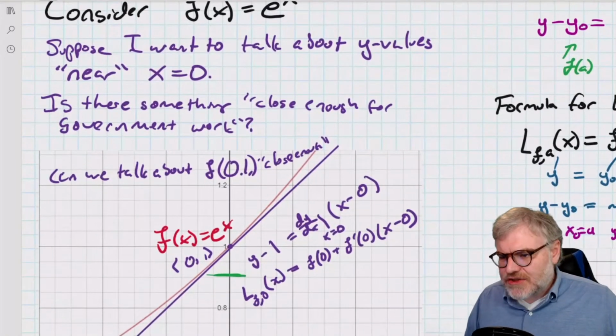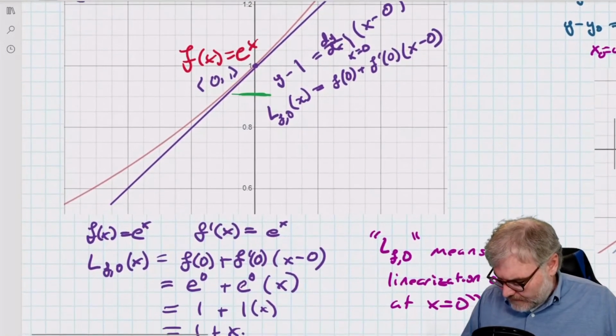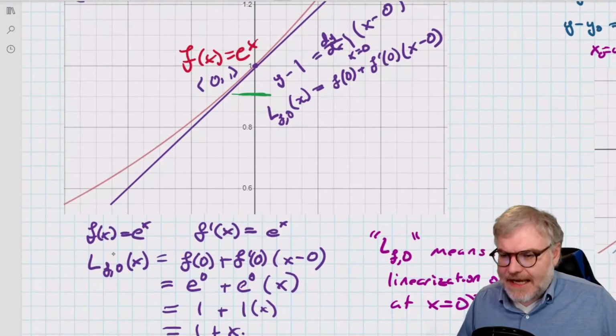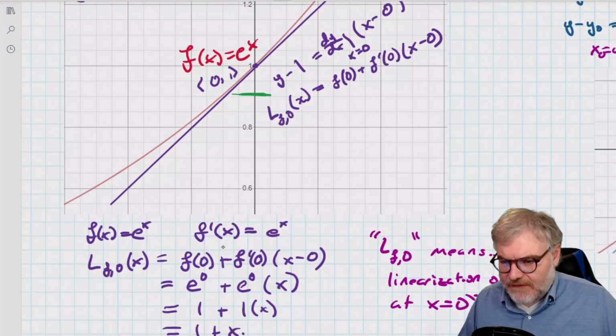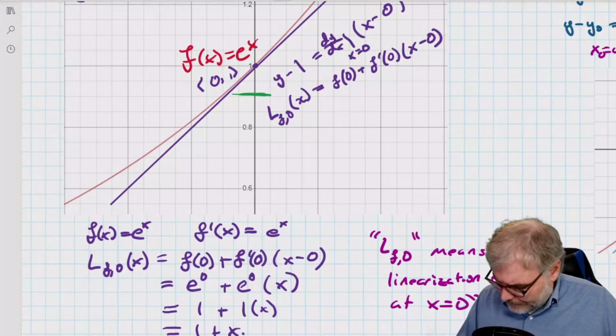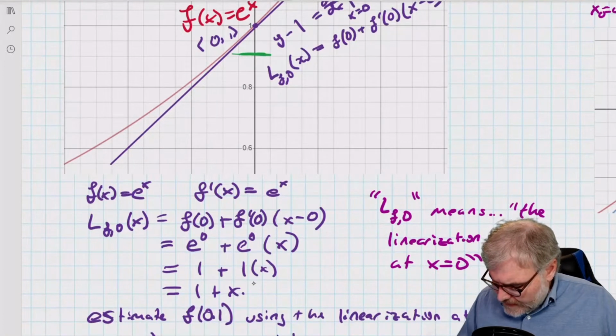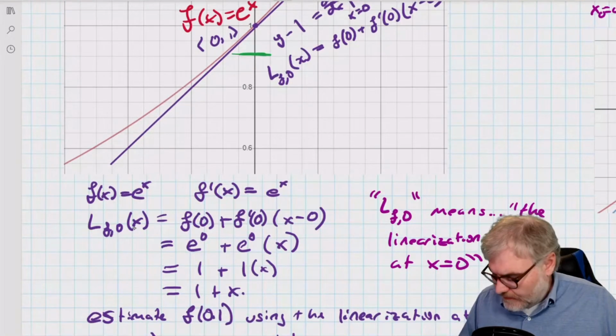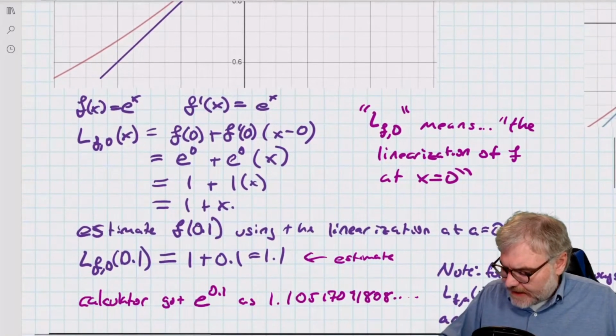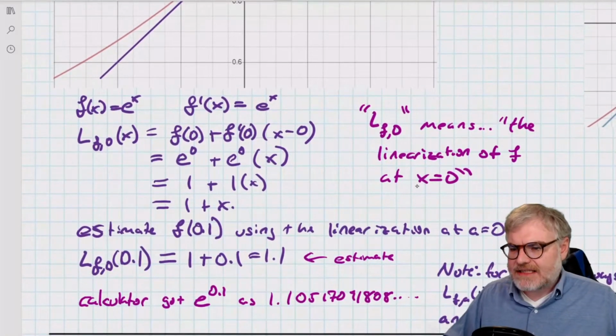So let's actually create the linearization function. What I'm going to need is f of x and f prime of x. And then I'm going to need f of 0 and f prime of 0. So I write the formula, right? L_f,0 of x, so that means the linearization of f at x equals 0.